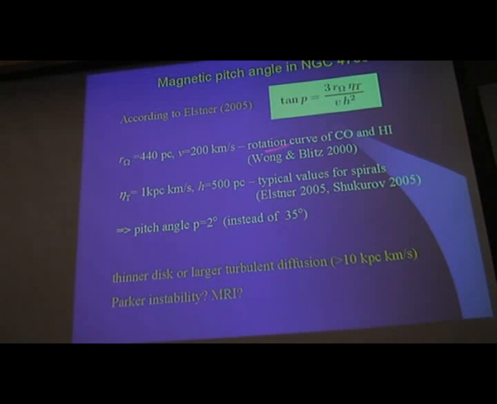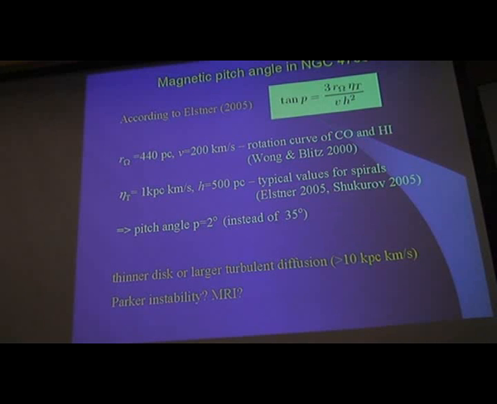If you take the rotation curve, some observational parameters, and typical values for spirals for eta and disk height, then you will get 2 degrees, much less than observed. So either the disk is thinner, which is rather improbable, or the turbulent diffusion is much larger.